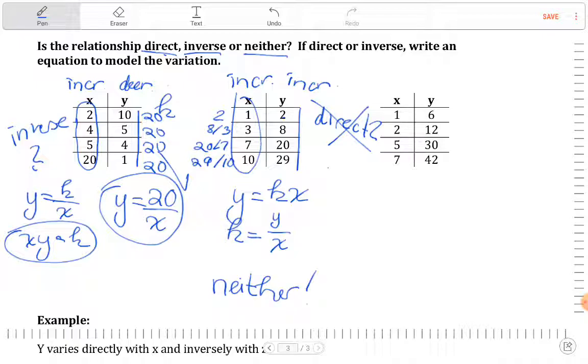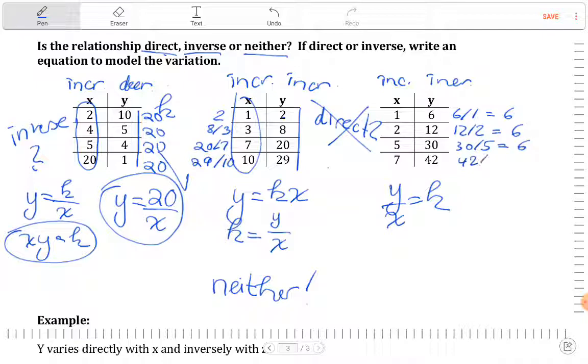Okay, next. My x is increasing and my y is increasing. So I have to check, is it a direct variation? Check for the constant k. Y divided by x. 6 divided by 1, 6. 12 divided by 2 is also 6. 30 divided by 5 is 6, as well as 42 divided by 7 is 6.